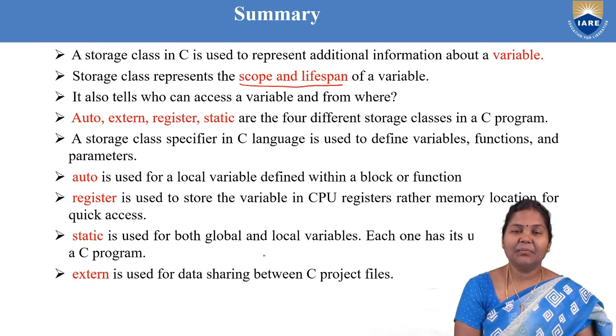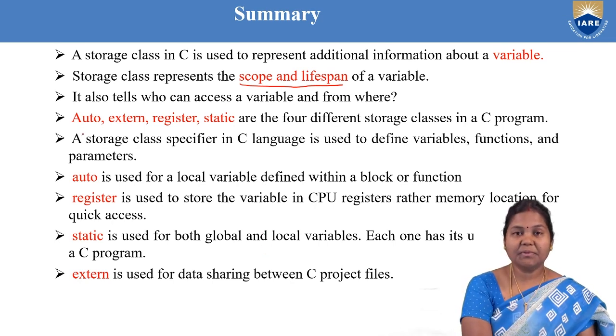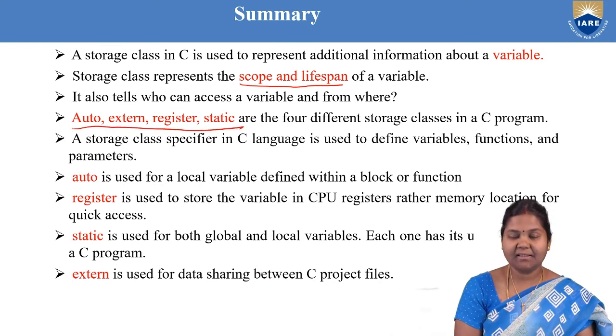That means whether it is within the function or outside the function or within the program, we can understand from the storage class type. Then there are 4 types of storage classes in C language: automatic, external, register and static. These are the 4 types of storage classes. And a storage class in C is used to define the variables, functions and other parameters.